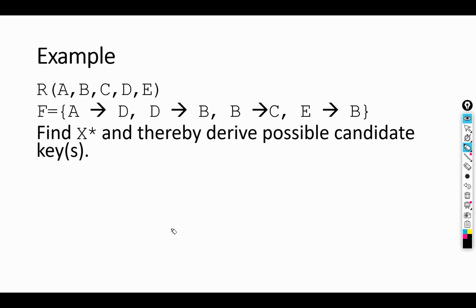Now first we want to find the X closures. That means A closure, B closure, C closure, D closure, E closure, and thereby derive possible candidate keys. That is the second part. Let's do the first part, because we have done that already. Can you take 1 minute and do it? Find the X closures as an exercise. Quickly do it.